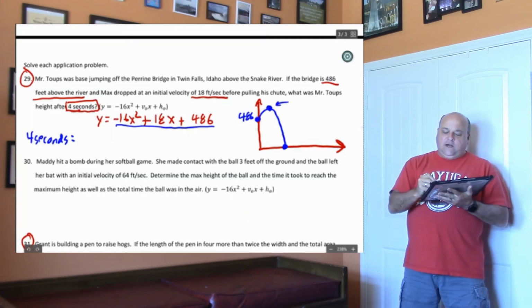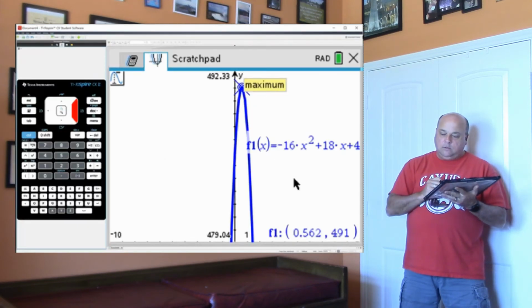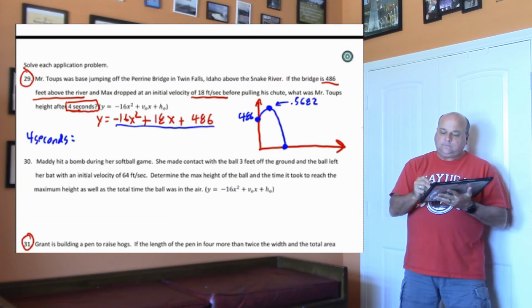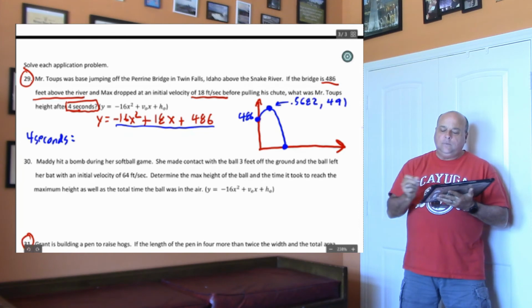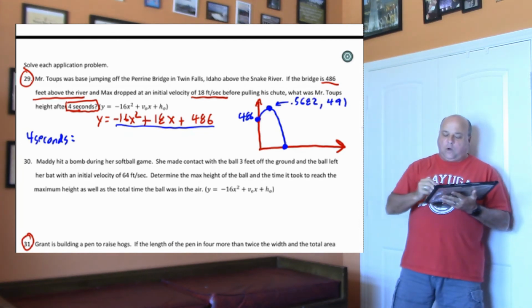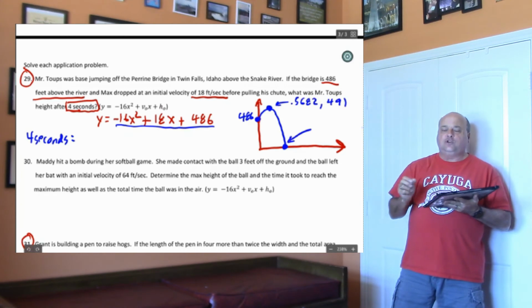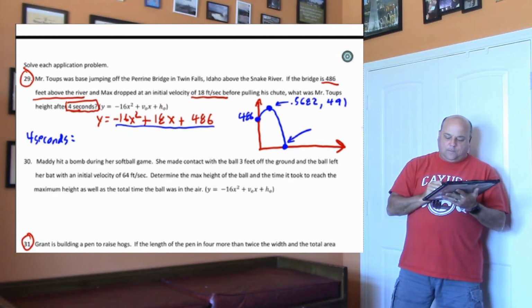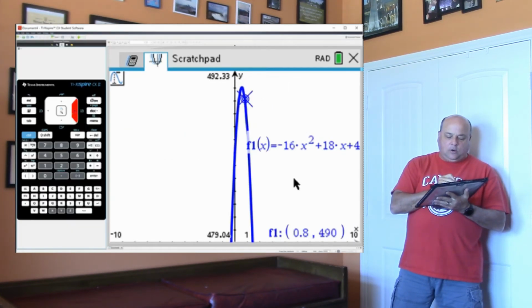So right here, 0.5625 and 491. That's when I reach the maximum height. Now I'm going to start falling to the water. What we're going to do is trace to the 0. So go back to the calculator, keep hitting the right arrow button.